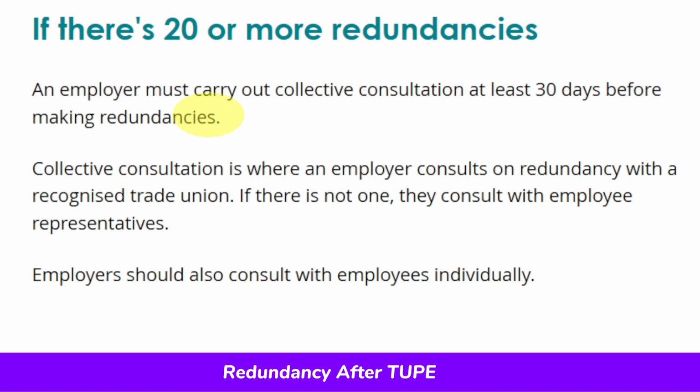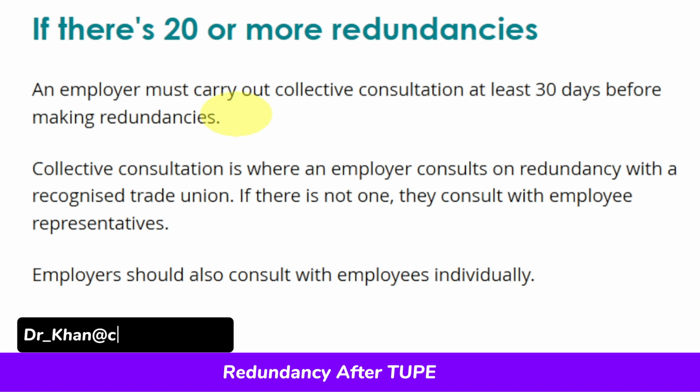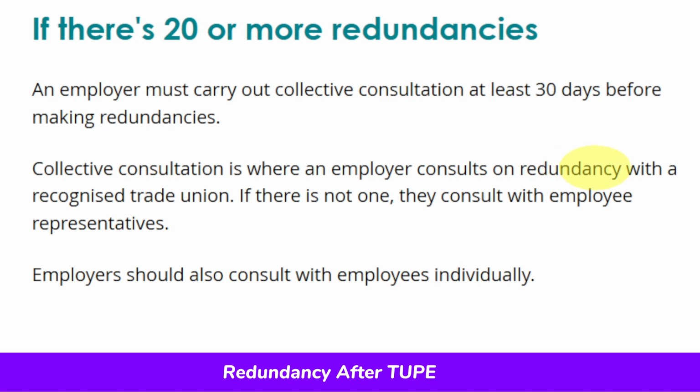They had more than 20 staff, so for that they need to do the collective consultation. Collective consultation is where an employer consults on redundancy with a recognized trade union. If there is not one, they consult with employee representatives. The employer should also consult with employees individually. So these are the rules that they have to follow.